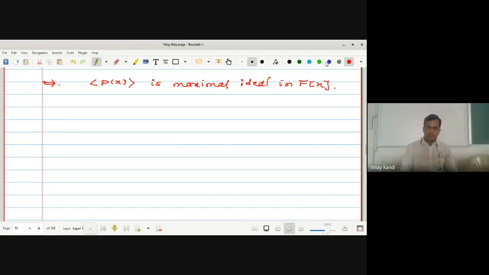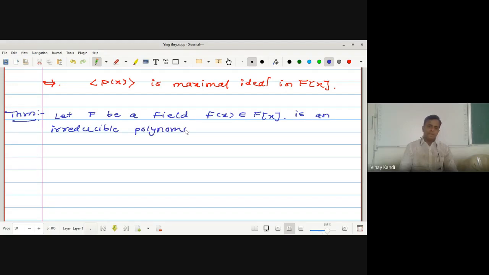Okay, the next theorem is, let F be a field and that small f of x, that is polynomial, belongs to ring of polynomial F of x, is an irreducible polynomial if and only if small f of x is an irreducible element in capital F of x.